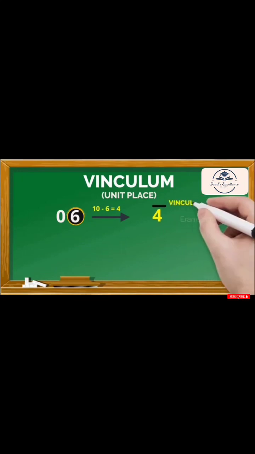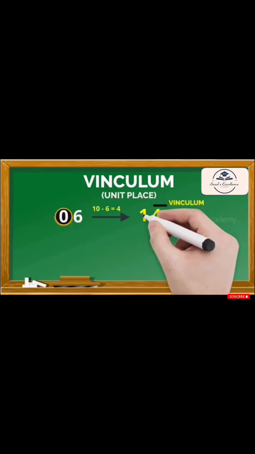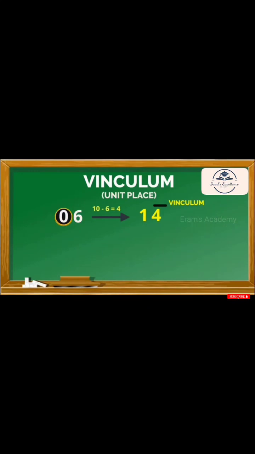Bar denotes vinculum. Then we take the 10's digit's consecutive number, so 0's consecutive number is 1, so we write 1. So then we can say it is 10 less 4, which is 06.